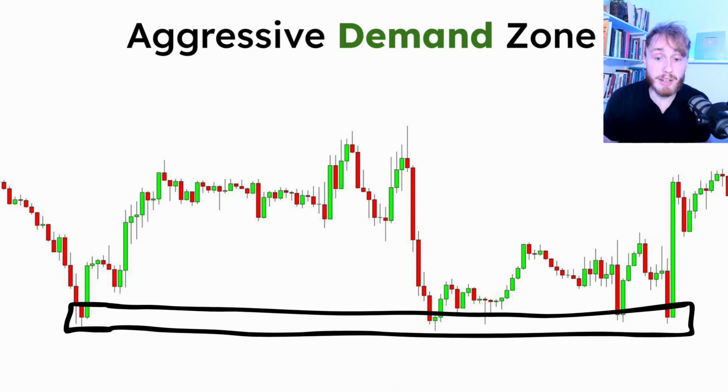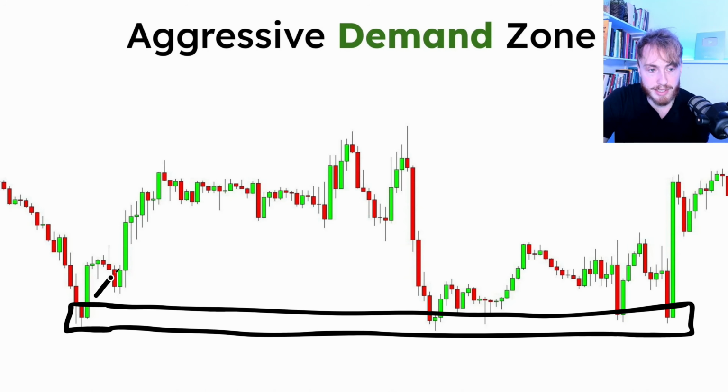And then the theory here is that since we saw lots of demand, lots of buying pressure coming in the past, it's likely that we see lots of buying pressure coming in the future. Remember, this can be orders that didn't get filled during the first move, or it can simply be trading psychology, lots of traders paying attention to this demand zone.